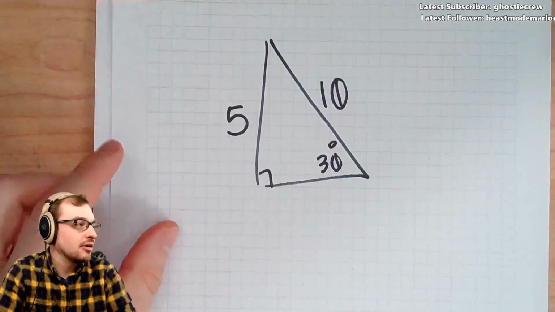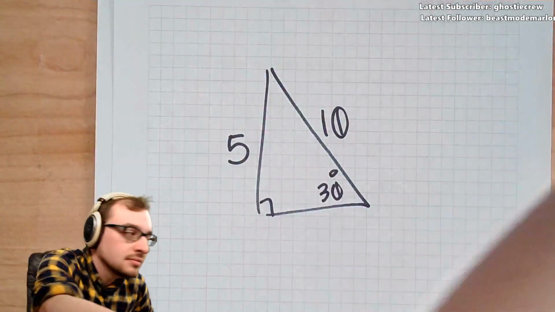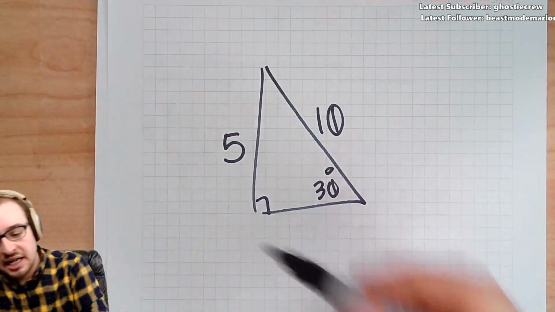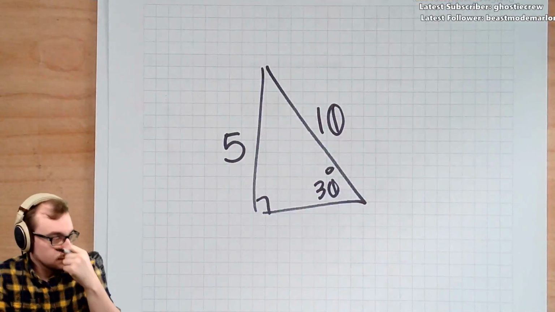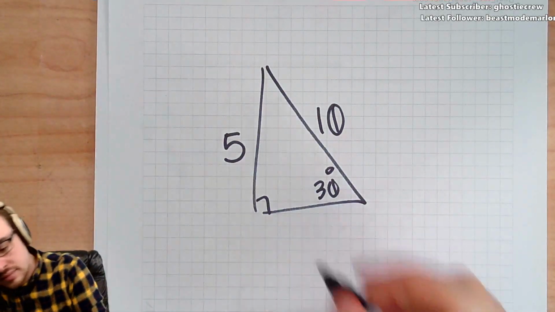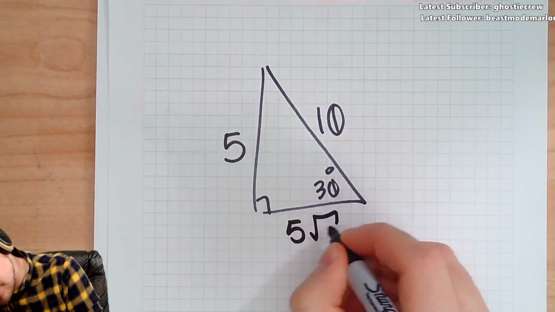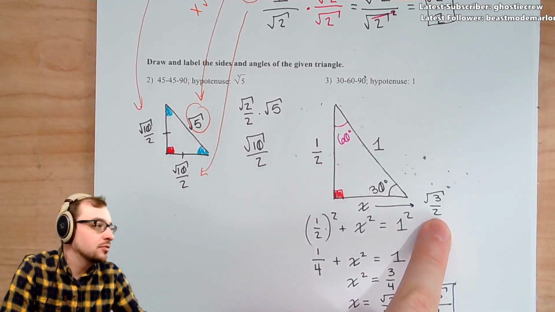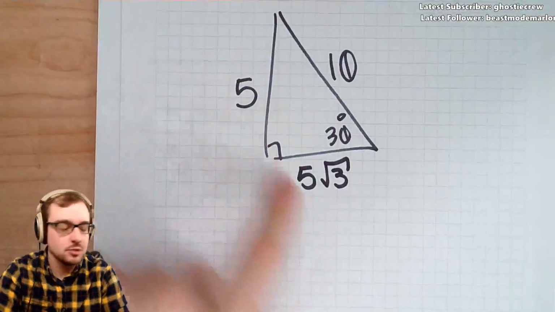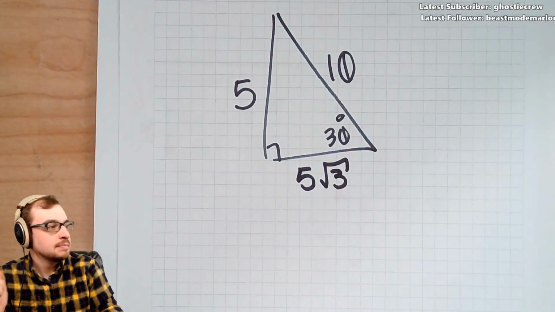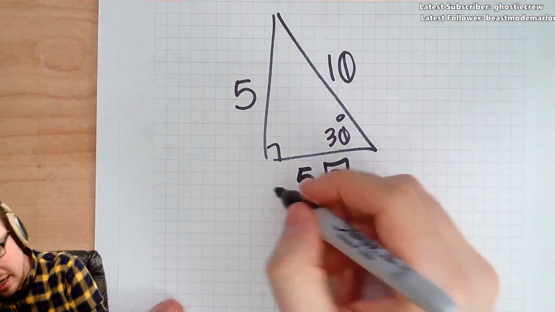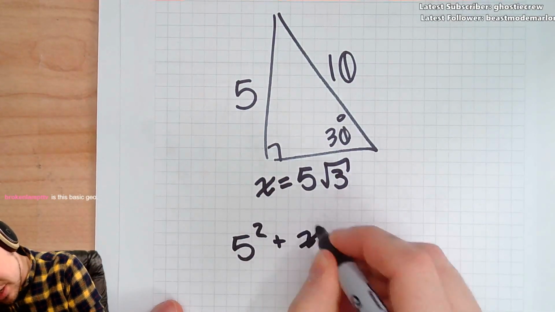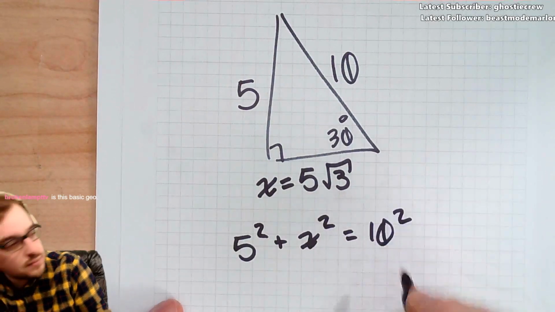So for instance, on this guy right here, I know this guy is 5, right? So I know my answer down here is going to be 5 root 3. A half times root 3 gets me root 3 over 2. 5 times root 3 gets me 5 root 3. You could also do p-thag, right? Call this x, and you get the same answer, right?